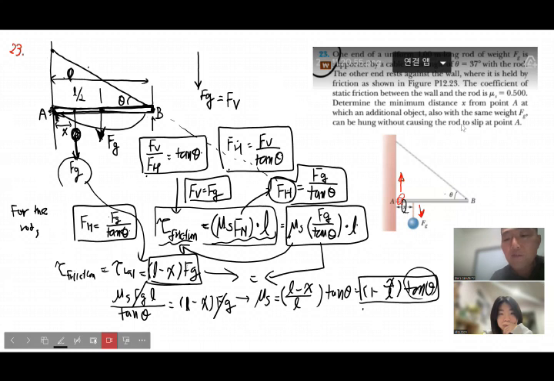If x is bigger and bigger, you have less friction, because close to the rotational axis you need less weight. So depending on where the ball is located and how much angle you have between this cable and this rod, the frictional coefficient also needs to change.